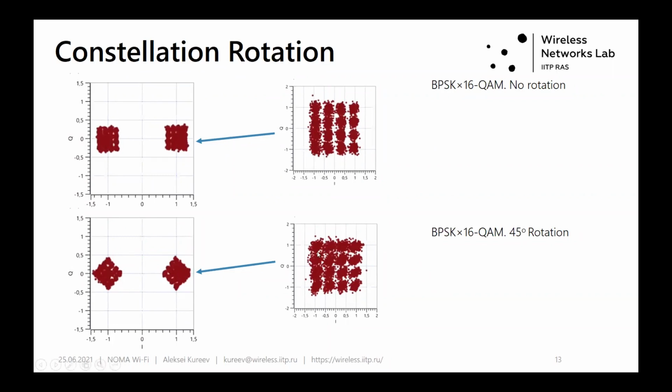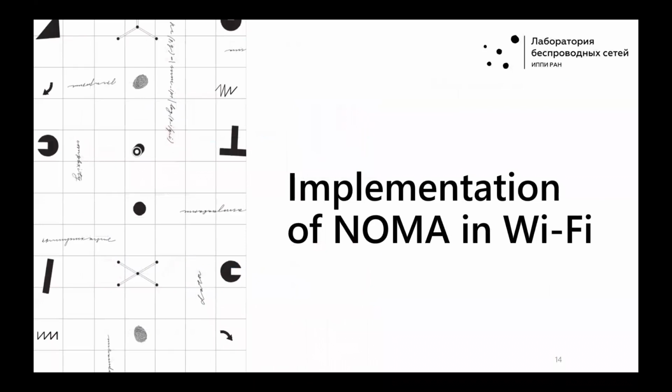Next we see the same combination of constellations with a 45 degree rotation. The idea of the constellation rotation is to change the direction of the phase noise influence and thus make the constellation more robust for reception.